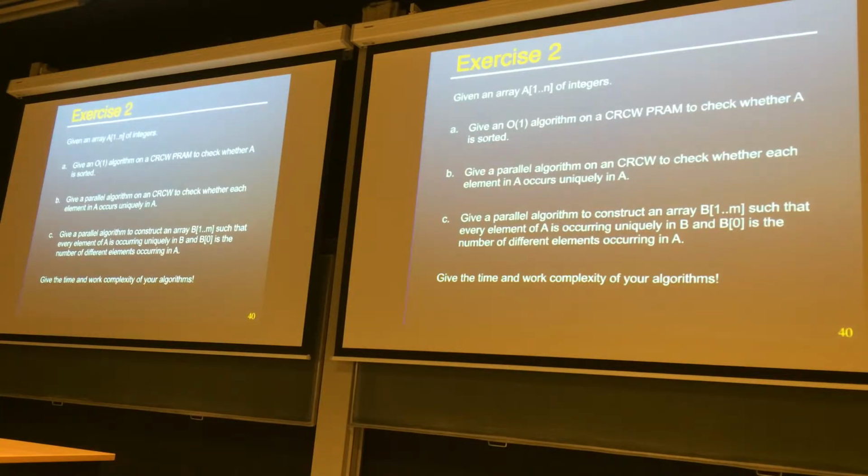Now, A, if you think about it, is really simple. And that again can save you quite some time if you use this idea. So what idea would you use? You have to give a CRCW, of course.